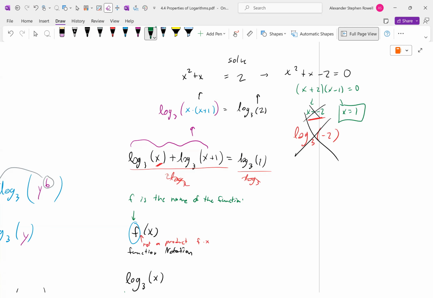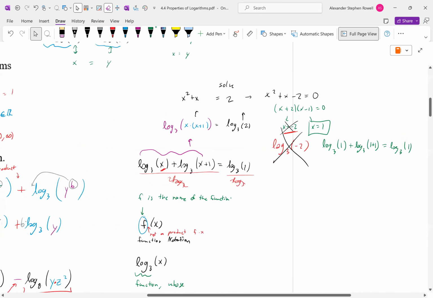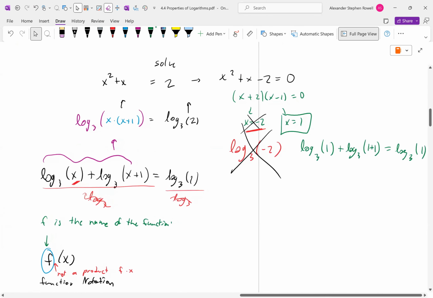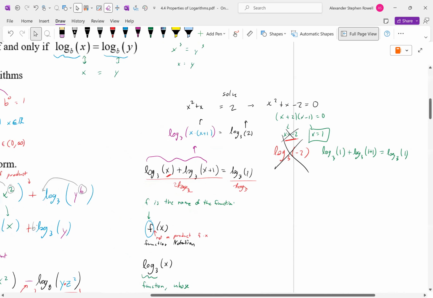But I can find log base 3 of 1 plus log base 3 of 1 plus 1, and I'll get log base 3 of 1. That's what we'll be doing tomorrow or after the test. The point is that there's a reason why we combine logarithms: so that we can solve equations.